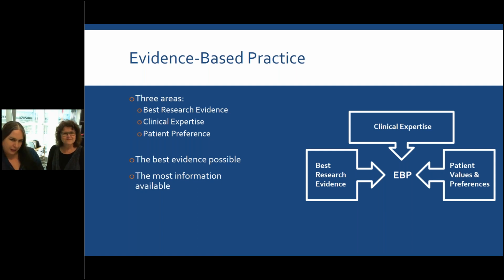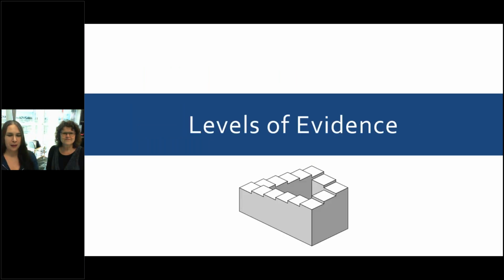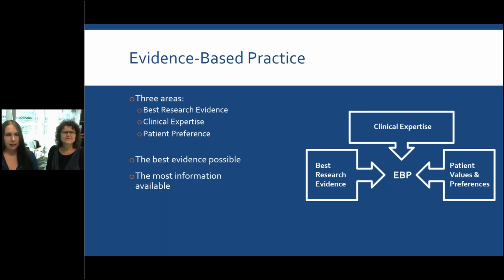And we're not really going to touch on patient preference because we can't provide information on that. That's up to the patient. But we do want to talk about using the best evidence possible and getting the most information available. And an important thing to remember is that there's a hierarchy of evidence.